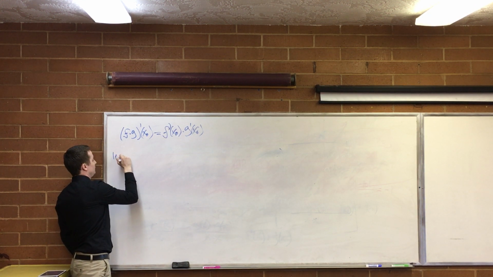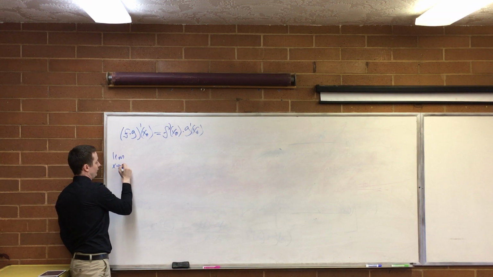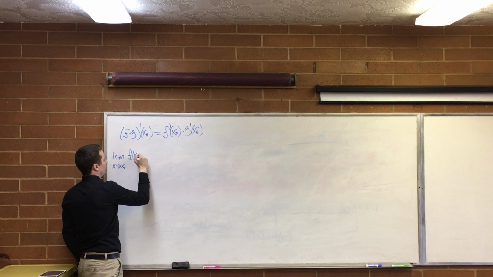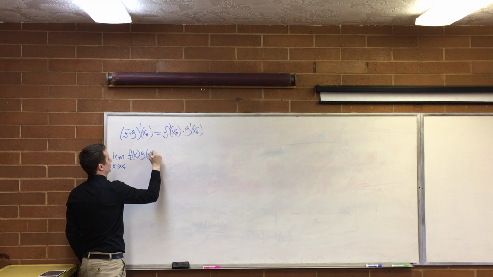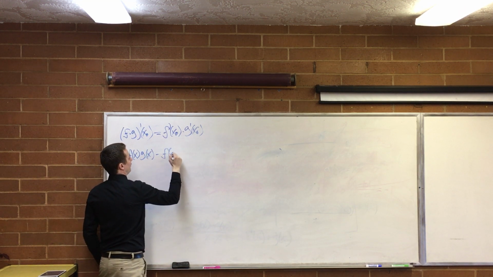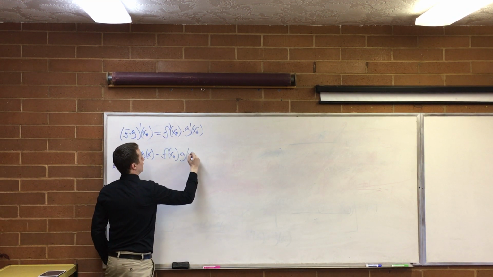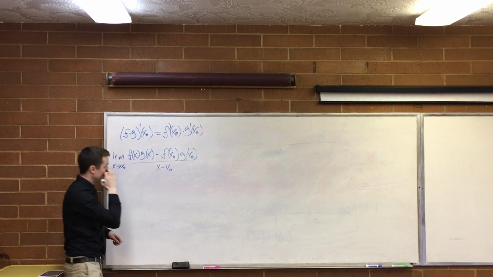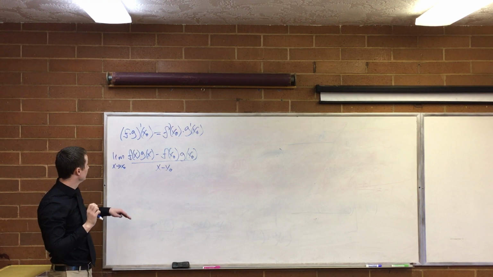So we have the limit as x approaches x naught of, I've got a product here. I'm going to go straight to writing it this way. Hopefully you're okay with it. f of x, g of x minus f of x naught, g of x naught over x minus x naught. You okay with me making that skip?